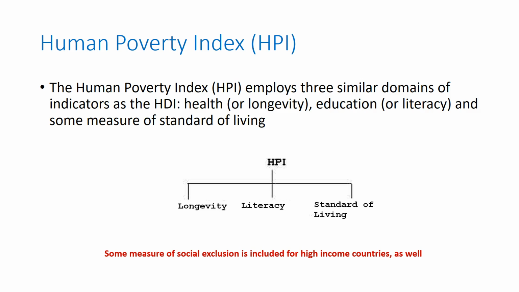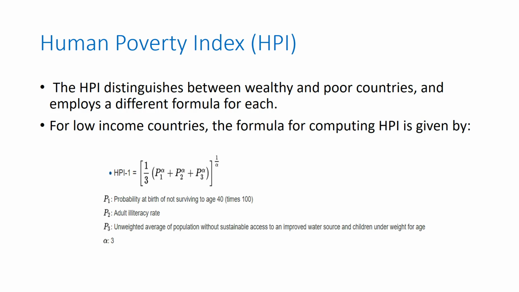So the HPI includes a measurement of social exclusion only for wealthy countries, however. Indeed, the HPI distinguishes between low-income and high-income countries and has a different formula for computing poverty depending upon if your country is rich or not rich. So, here is how it looks for the poor countries, the low-income countries. This is a fancy formula.